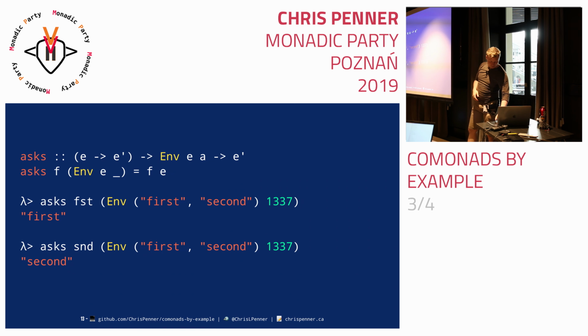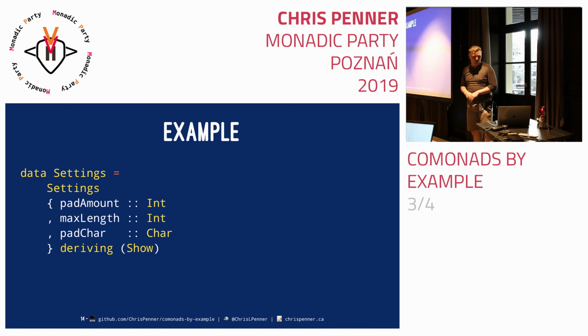Cool? Great. All right, so a real example. Kind of real. A small real example. We have some settings. We're going to use these for building some sort of text formatting pipeline thing. We want to set it up so that basically all of our functions can use these settings to decide how they're going to do their operations. And maybe we want to run it again with a different set of settings.